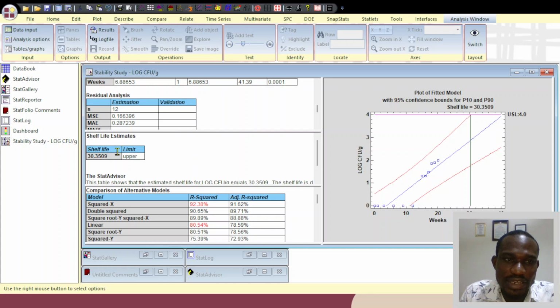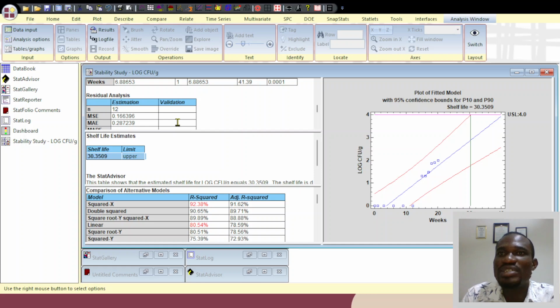So at this point, you can see from here the shelf life estimates. With this particular linear model, it's giving us a shelf life of 30.3509. And this is in the unit of your duration. So if your duration was in days, it will be 30.35 days.